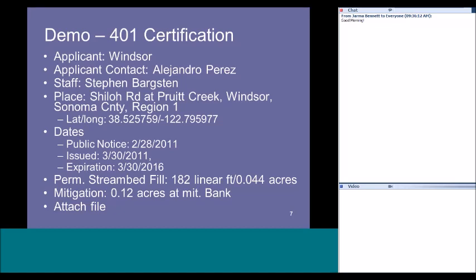The next one, the applicant contact, is the discharger representative, the person who represents the organization that's doing the project. So that's Alejandro Perez, a person. And then we have staff, and that's regional board staff. And so that's also a person.